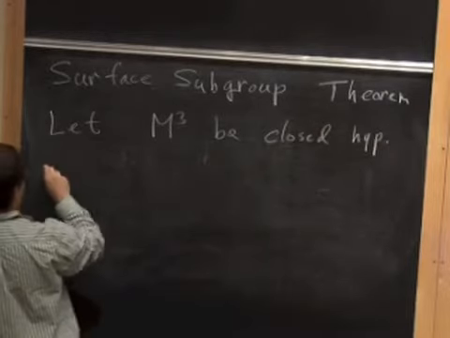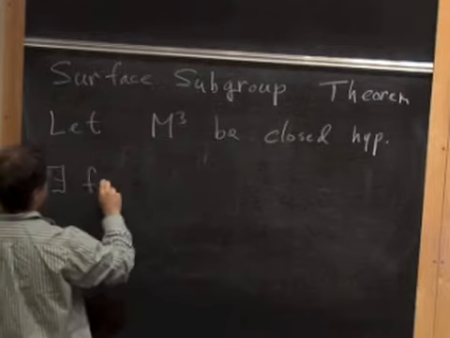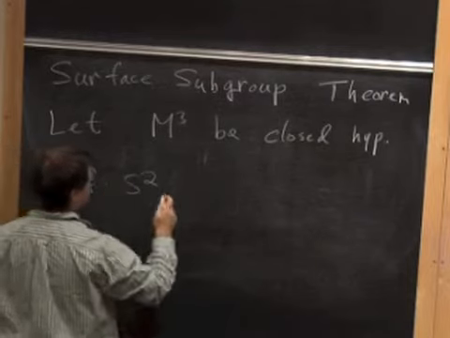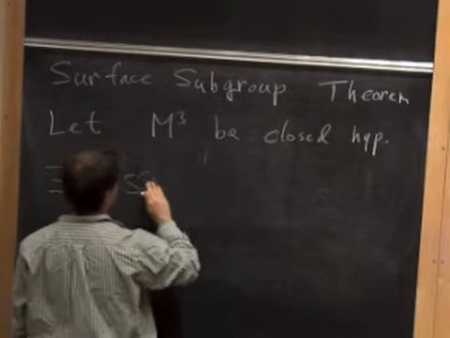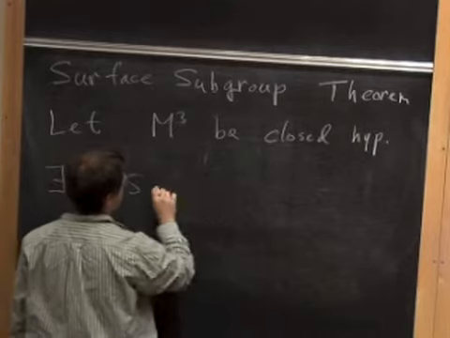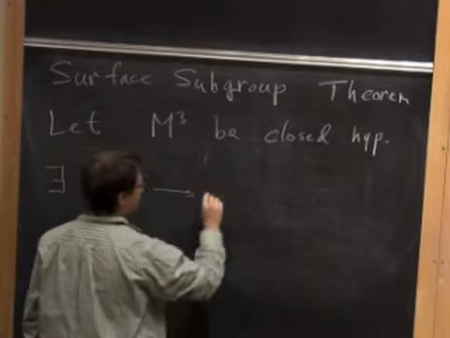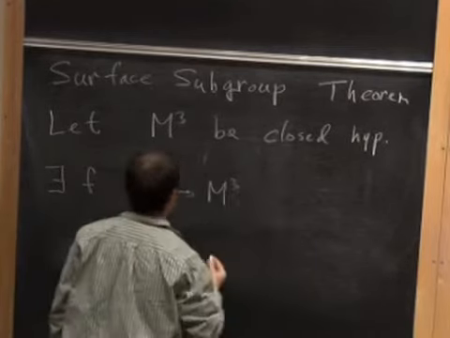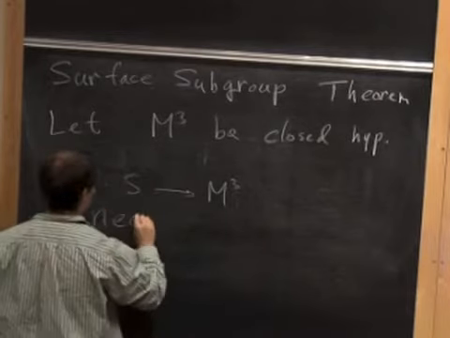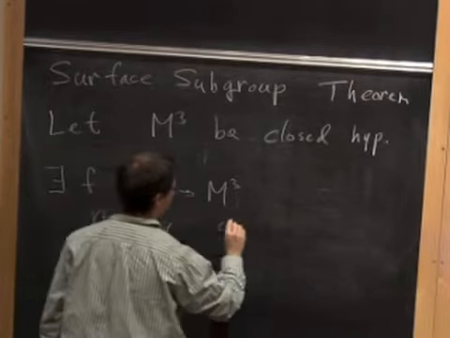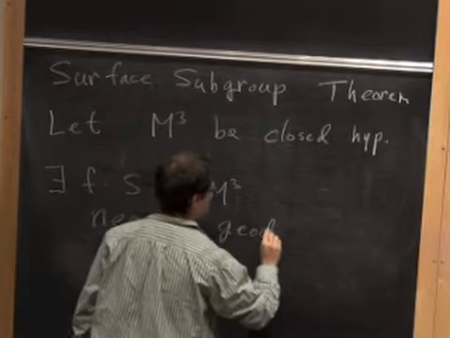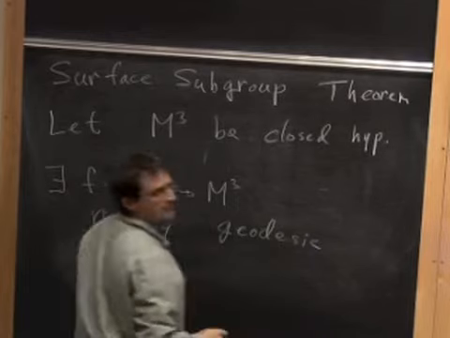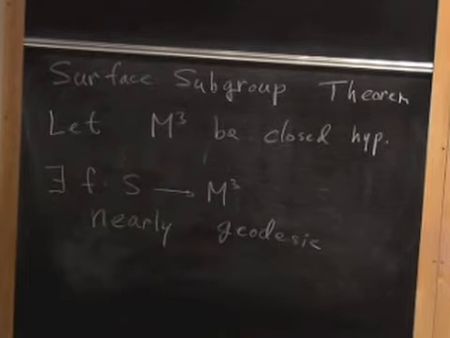Then there exists this F from a surface into M3, nearly geodesic, right? And therefore pi1 injective.